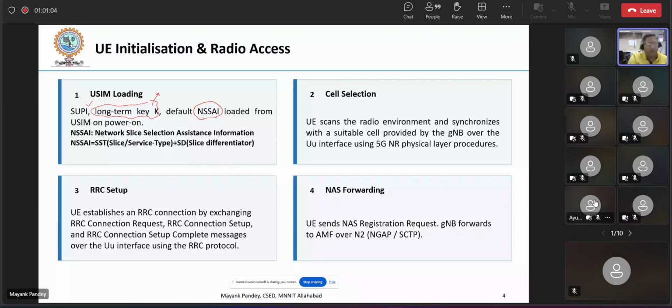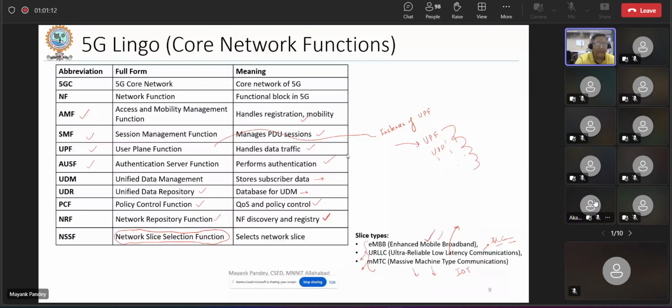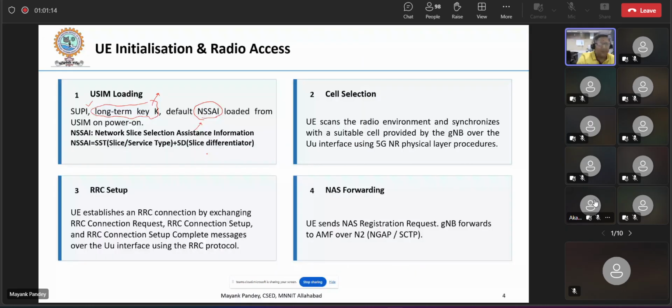Normally in your mobile phone, it is the first slice, that is the enhanced mobile broadband slice, which is going to be loaded. This is the detail of NSSAI, known as slice type and the slice differentiator. So basically, it is like loading from your SIM to your phone. These things, SUPI, the encryption key, and default NSSAI are on your SIM.